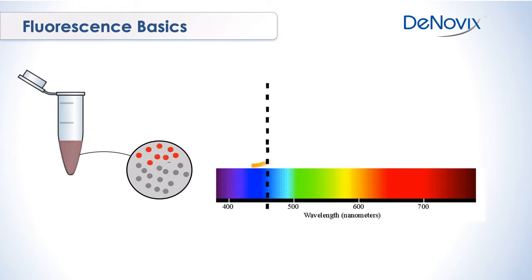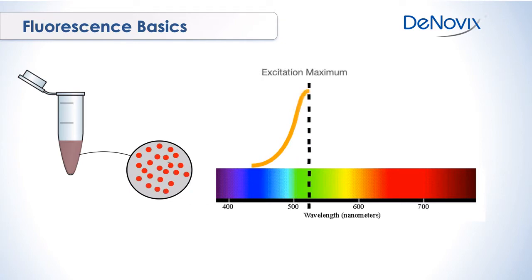And you'll see as we excite it with increasing wavelength light, more of those molecules light up in the assay. And this is to a point that it reaches a maximum excitation. If we go from the excitation maximum and we continue to increase the wavelength of the light, you'll see that we have a decrease in the number of fluorophores that are lighting up.